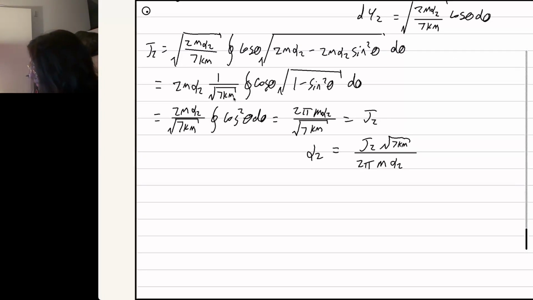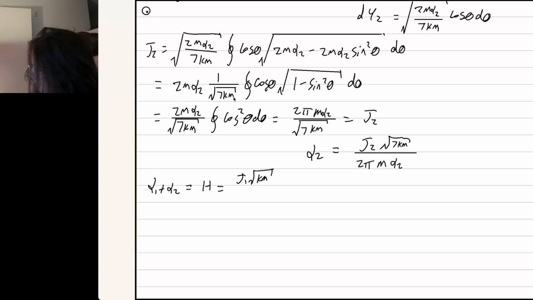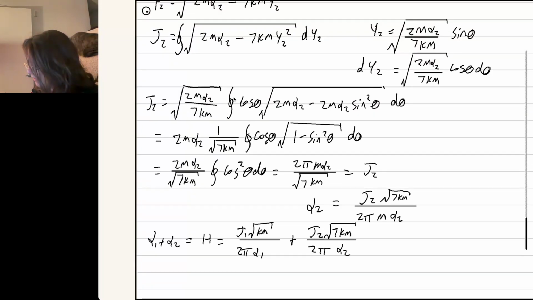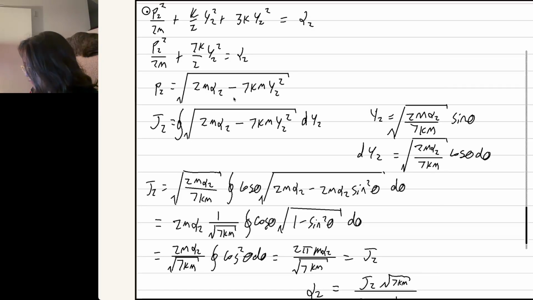Right, so now we can express our total energy, which was alpha 1 plus alpha 2, which is a representation of the Hamiltonian, as, what was it, J1 root km divided by 2 pi m plus J2 root 7km divided by 2 pi m. Both of those should have m on the bottom as well, masses. Right? Yeah, okay.